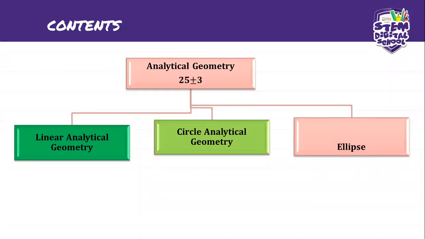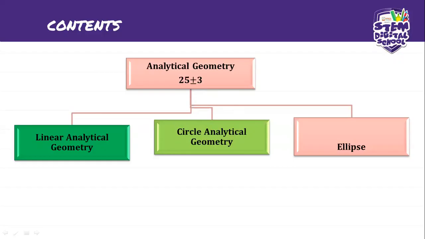All right, thank you very much. As you can see on the screen, today we'll be dealing with analytical geometry. Before we talk about the subtopic we will be doing today, I just want to show you that this analytical geometry contributes 25 plus or minus 3 marks for paper 2.